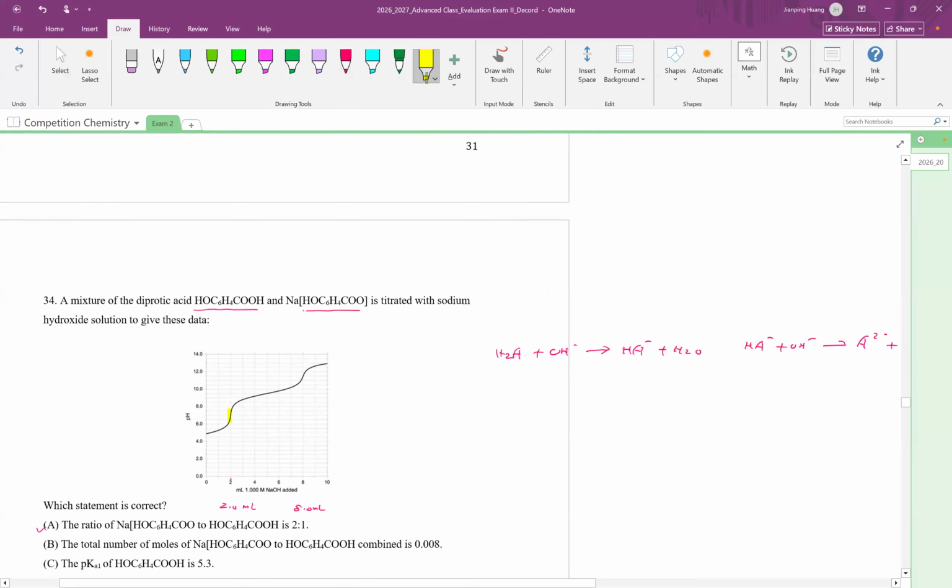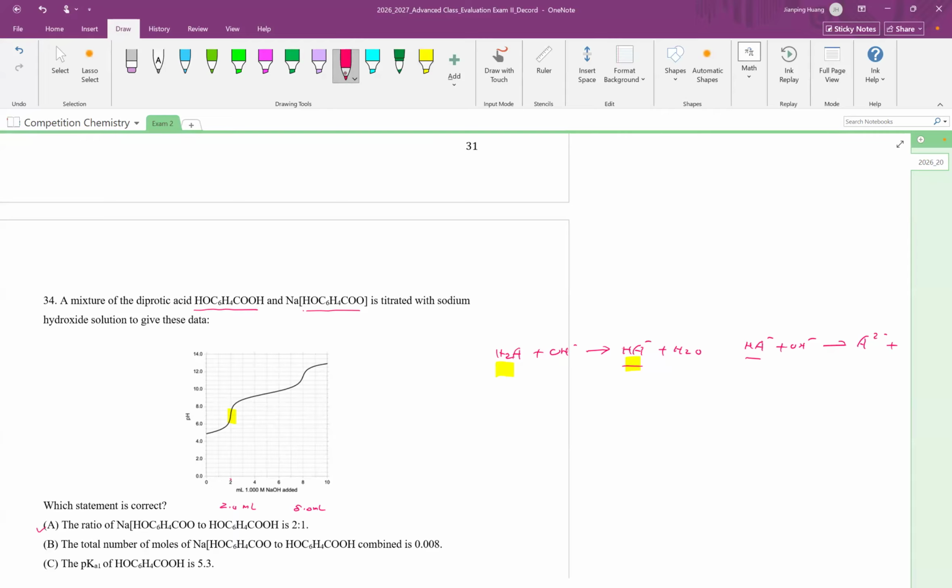Now in this one, can I say the first equivalent point? At the first equivalent point, only the first proton of the diprotic acid is neutralized. Right. Now the product formed with the original, then go to the second equivalent point.